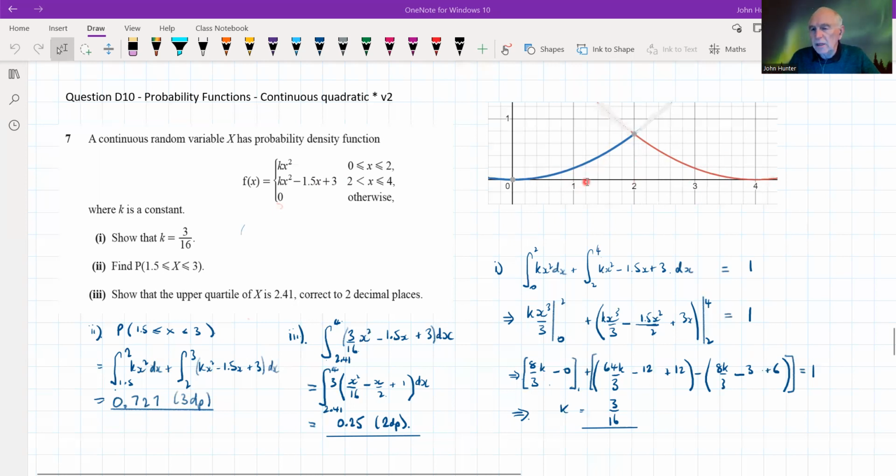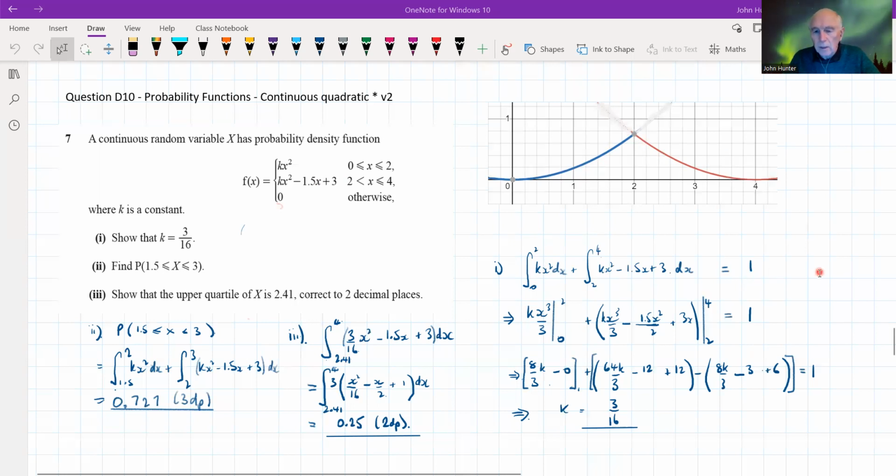When we're integrating, what we're doing effectively is summing all these infinitesimally narrow bits, which have a width of, let's say, delta x, denoted by this dx here, and a height of kx squared. That's what the integration process does, and we're doing that between 0 and 2. Then between 2 and 4, we're doing this other function. And the sum total of these has got to equal 1.